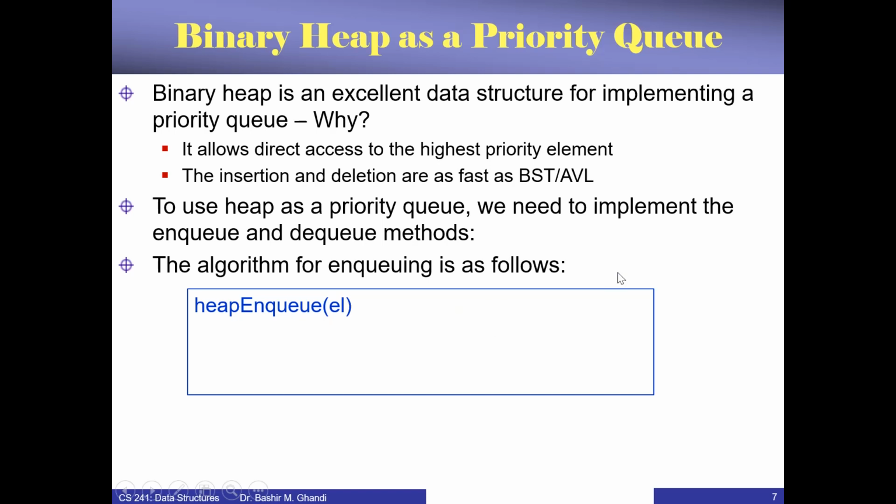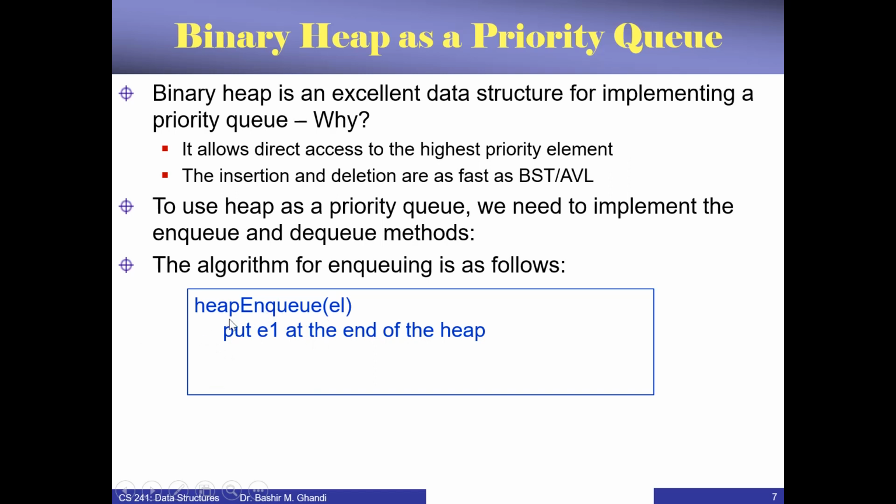This is the algorithm. Of course, we want to do the enqueue such that the element we are enqueuing will go to the topmost position if it is the highest priority. And when you enqueue the element, it should go up the tree according to its priority. And this is the algorithm that will ensure we achieve that.